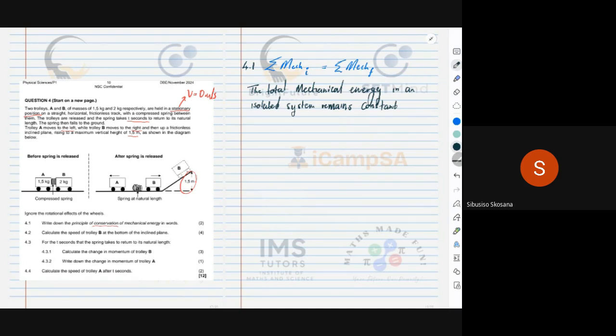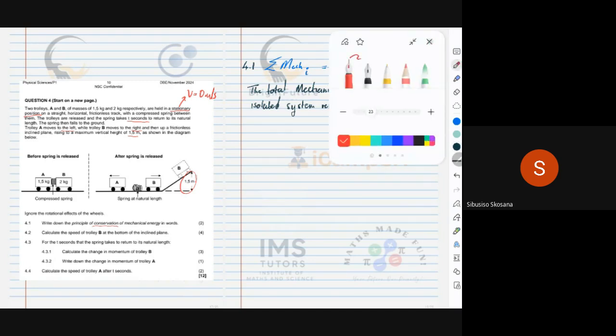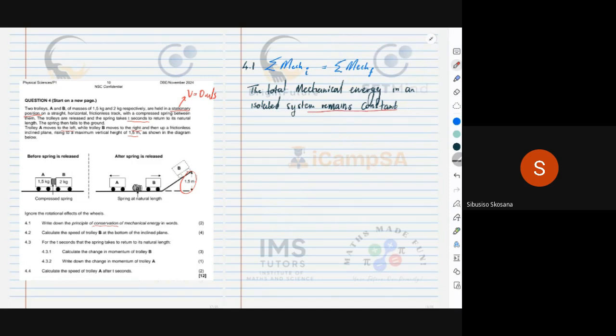So the keywords you must not miss no matter what: remains constant, isolated system, and total mechanical energy. The total mechanical energy is equal to potential energy, let me write it as EP, plus the kinetic energy.